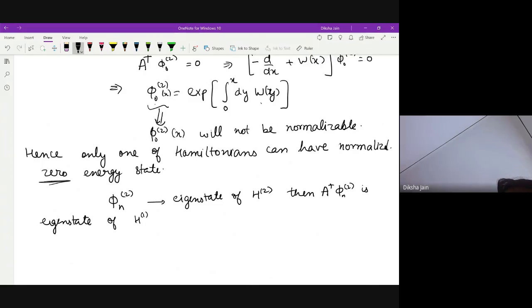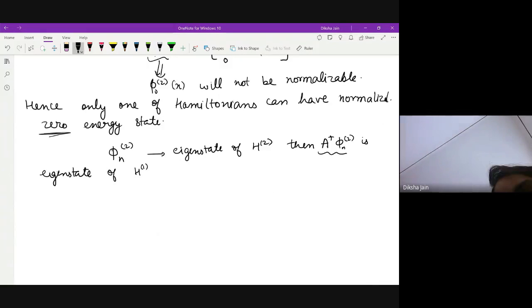This we have shown. And since it's an eigenstate of H1, I should label it as some phi of 1, because I'm labeling all the eigenstates of H1 with the label 1.